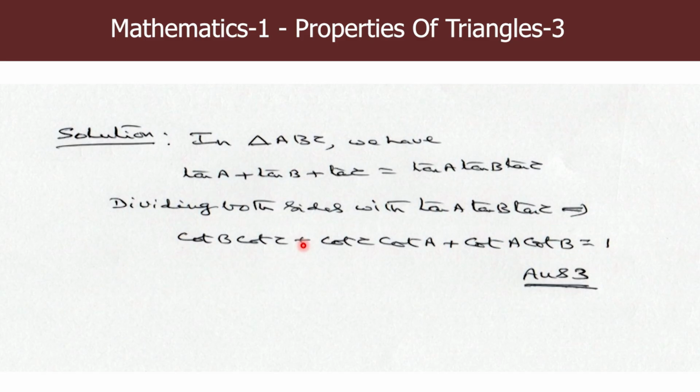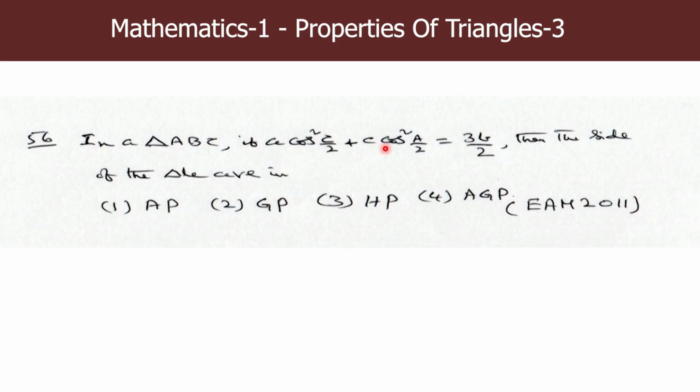Now, because it is an acute angled triangle, none of tan A, tan B, tan C is 0, so you can divide throughout by tan A tan B tan C. Dividing, we have cot B cot C plus cot C cot A plus cot A cot B is equal to 1. So the answer is option number 3.